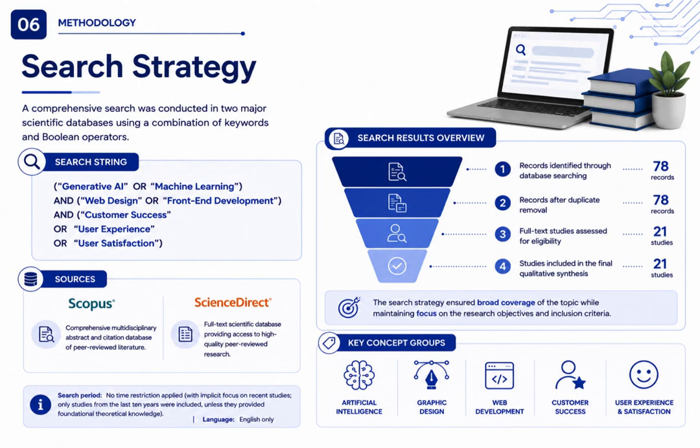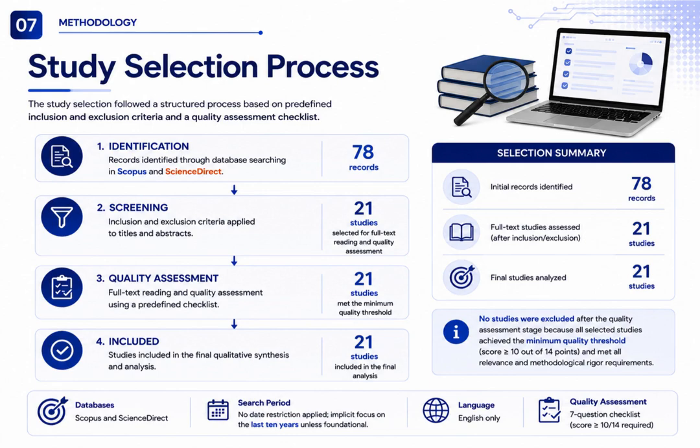We searched the Scopus and Science Direct databases because they provide broad coverage of peer reviewed scientific literature. Although 78 studies were initially identified, only 21 satisfied all inclusion criteria and quality requirements. This process balanced comprehensive coverage with methodological rigor.